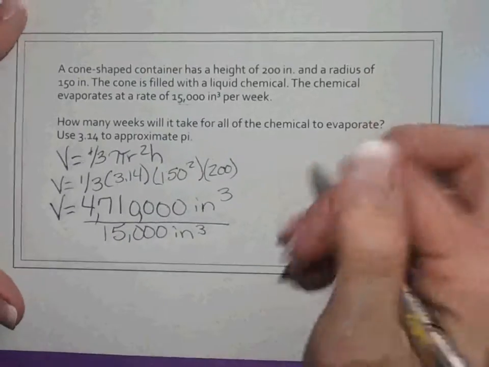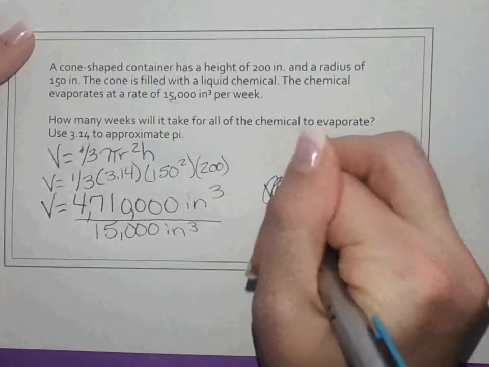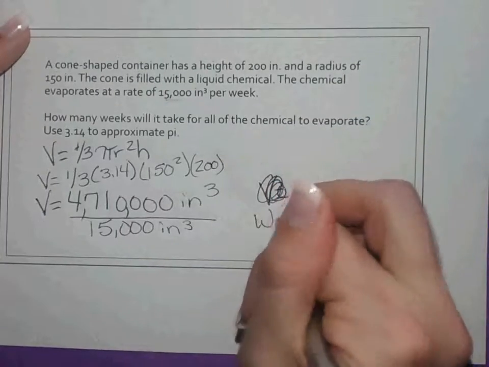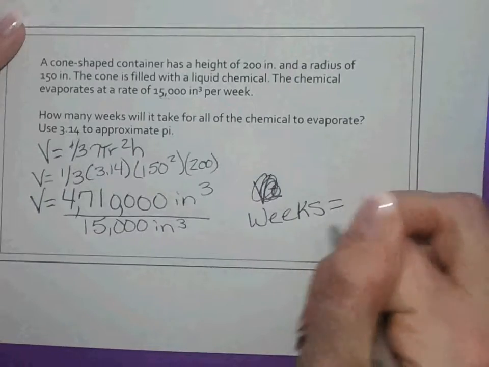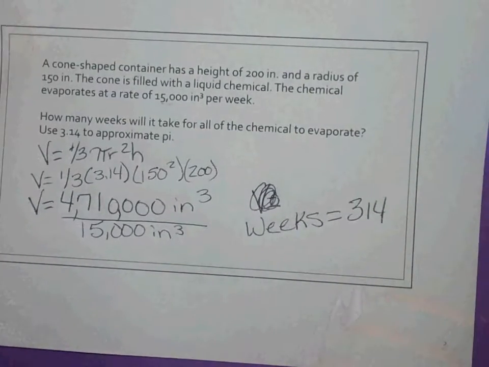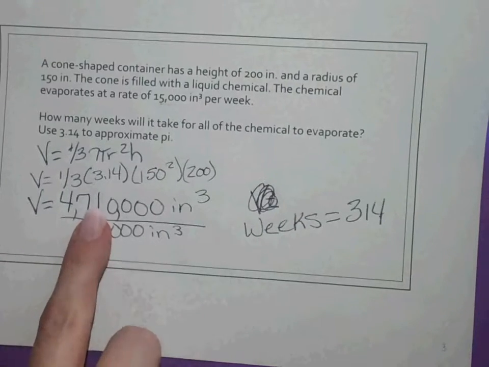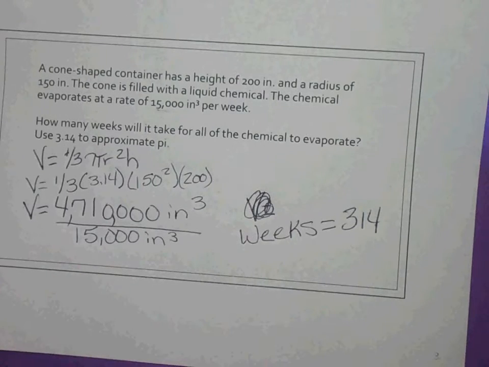So when I divide by 15,000, I get, whoops, not volume, the weeks it takes are 314. Okay, and that is what we get when we divide 4,710,000 by 15,000.